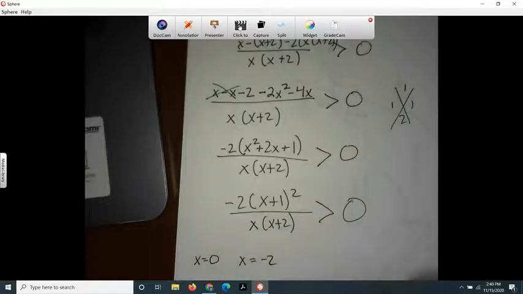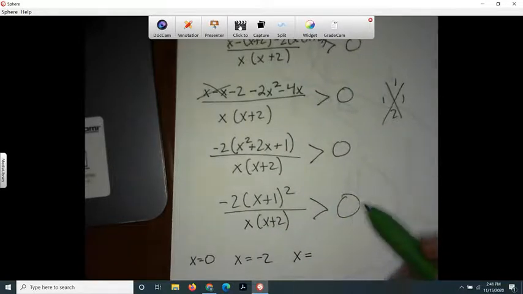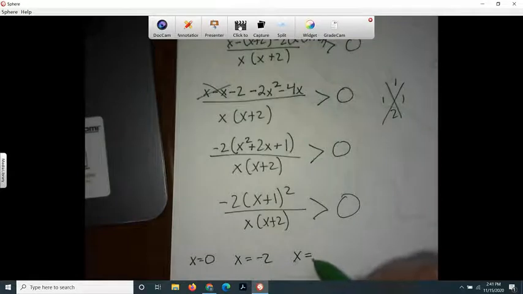It's going to give it those vertical asymptotes, but it's also going to cross the x-axis when x is -1. And I am going to actually show you a graph of what this looks like, because I graphed it on Desmos, so you can get a better idea of why these are split points.